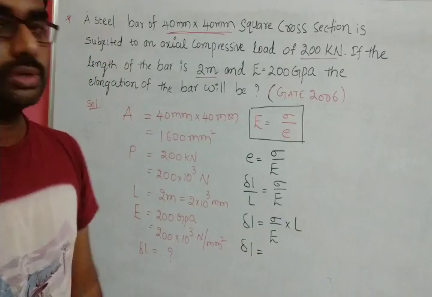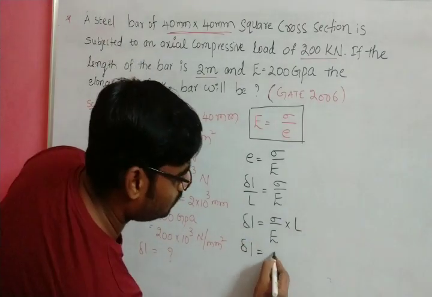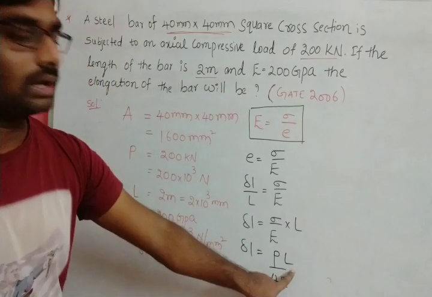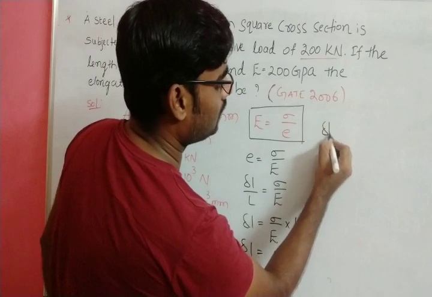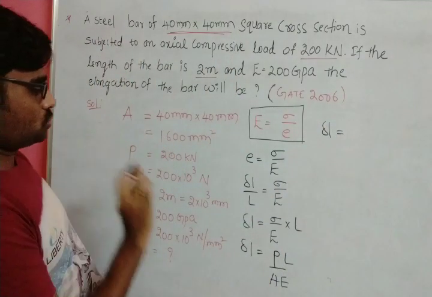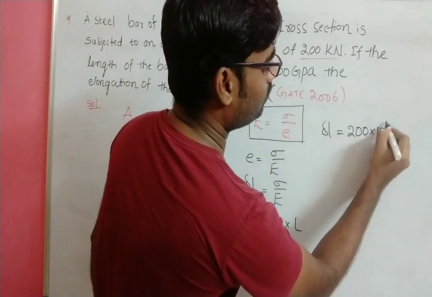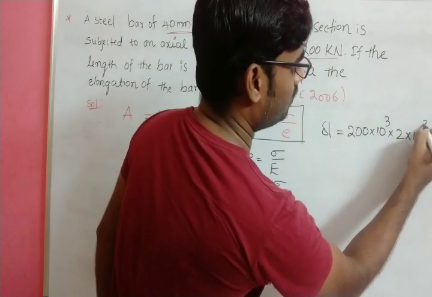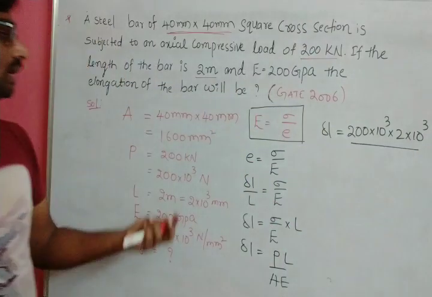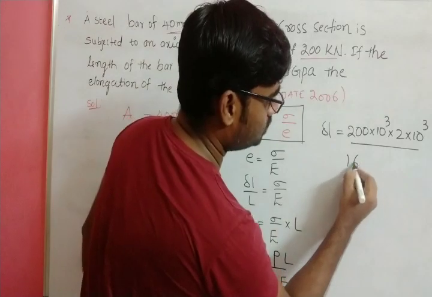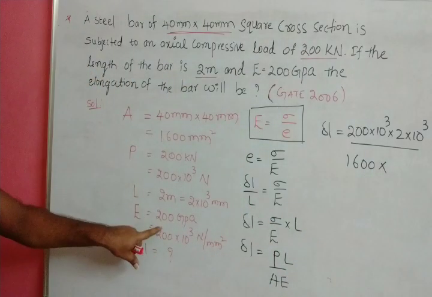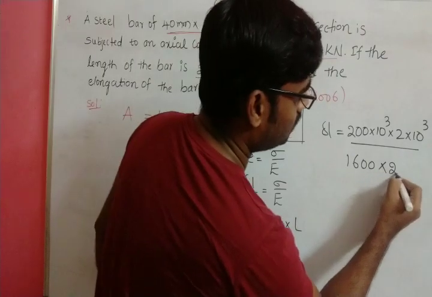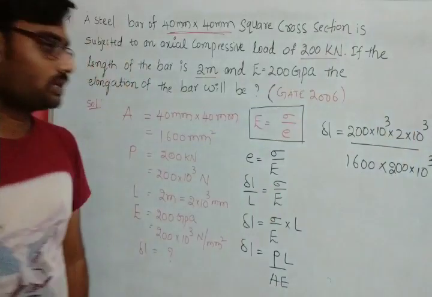So calculate the stress value. We know that stress equal to P by A. Then delta L equal to P into L by A into E. Load equal to 200 into 10 power of 3, L equal to 2 meters, 2 into 10 power of 3 mm, area equal to 1600 mm square, and Young's modulus 200 GPa converted in terms of mm is 200 into 10 power of 3 newton per mm square.